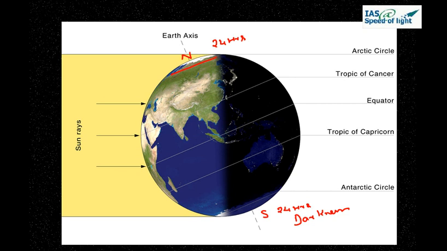So this time of the year we are getting direct rays on the Tropic of Cancer. So direct rays are on 23.5 degree north. Similarly, as the season changes, direct rays will come to 23.5 degree south. So this becomes the full extent for the direct rays of the sun. Now just draw with me.